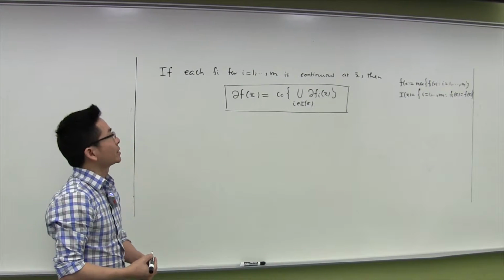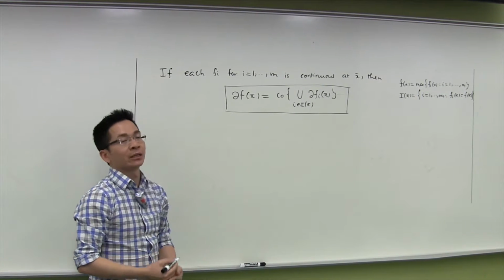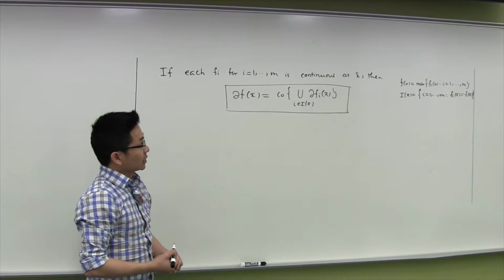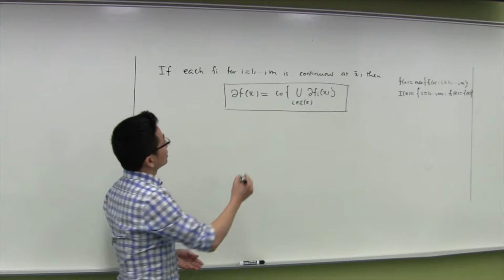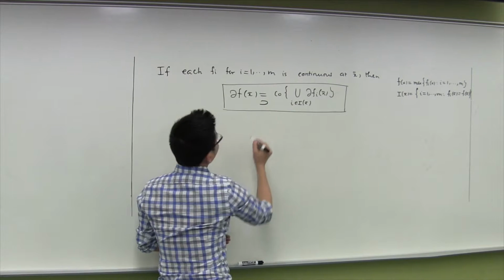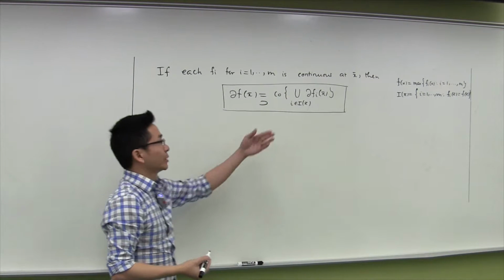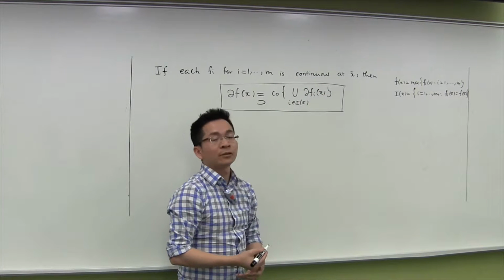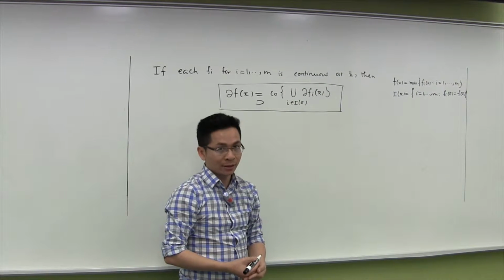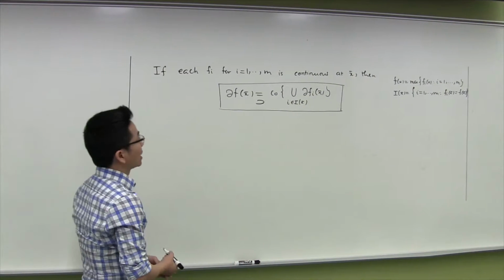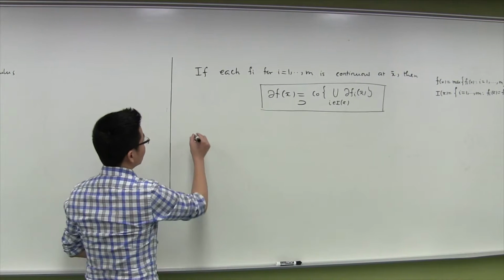Now, I'm going to get back to proving this formula. In the first proposition, we're going to show that this inclusion is always satisfied without assuming the continuity of the function fi. Okay, so let me go ahead and present the proposition.